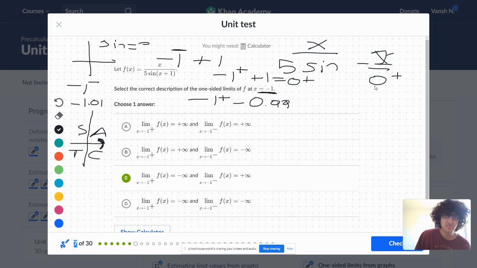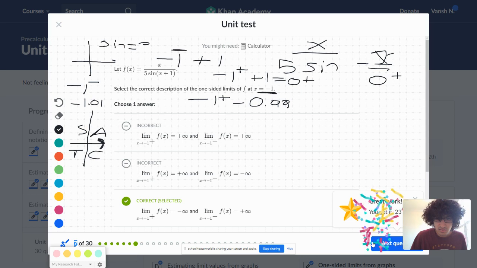So it's negative over positive, which is negative infinity. Yeah, so negative infinity from the right-hand side and positive infinity from the left-hand side.